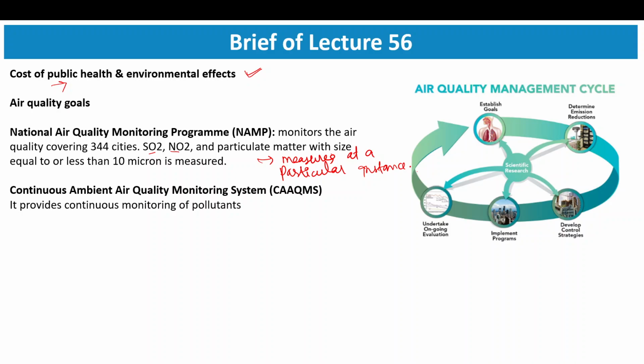Now, this existing air quality further depends on the season, right? Winter, summer, and monsoon. So seasons also govern what the air quality will be. That is not in our hand, but what we can do is reduce the air pollution and reduce the emissions. That is in our hand, right?